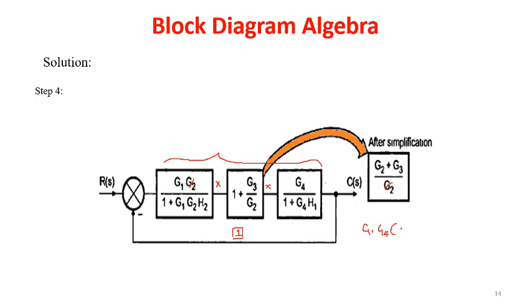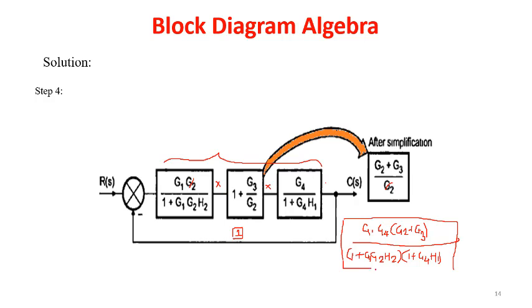bracket G2 plus G3, so this will be the block which is going to be generated from this series.